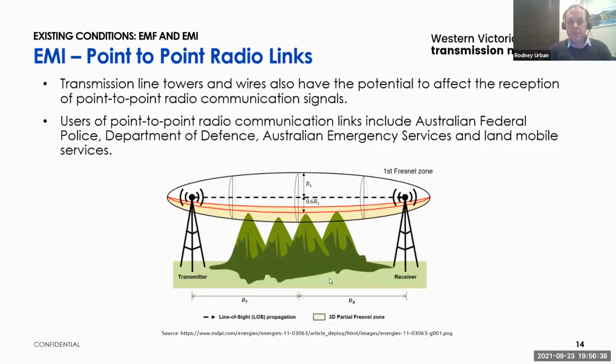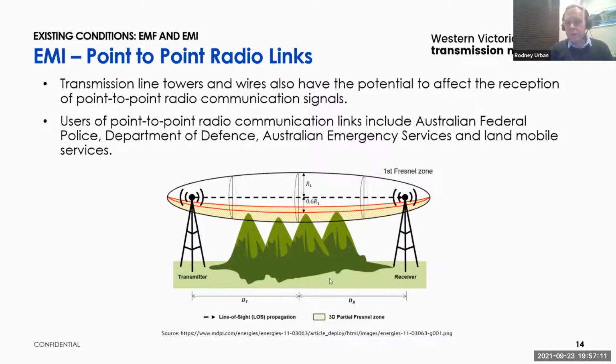Another form of interference is where the transmission line conductors and towers physically block transmission paths between communication towers. When designers set up communication links, they look at what is there currently, and when you add tall structures to the landscape, it can block those normal communications.